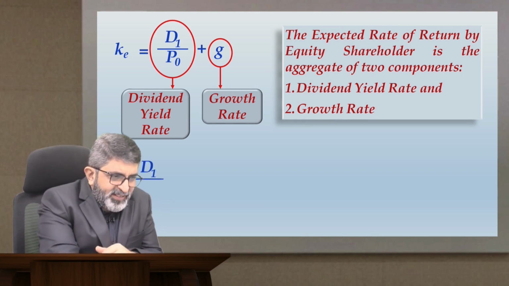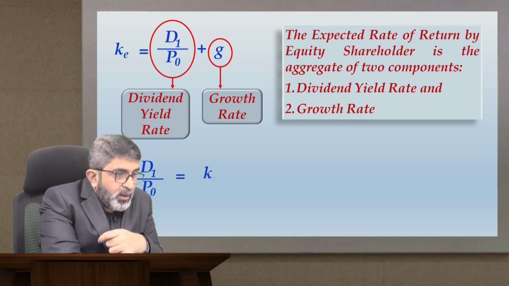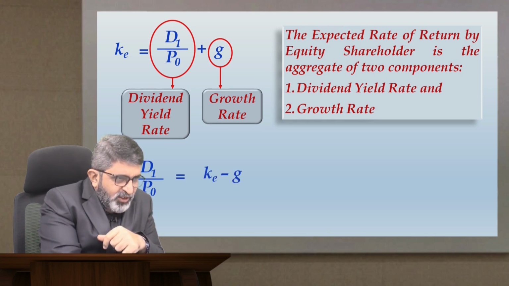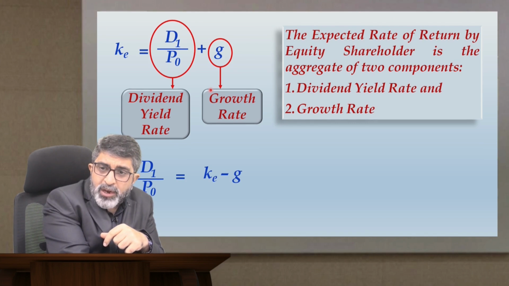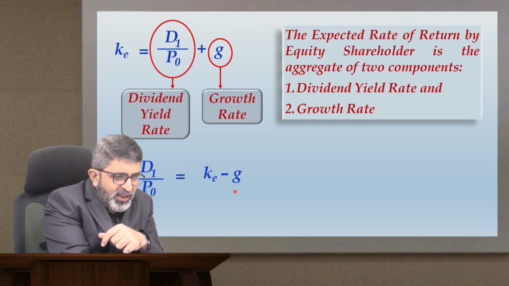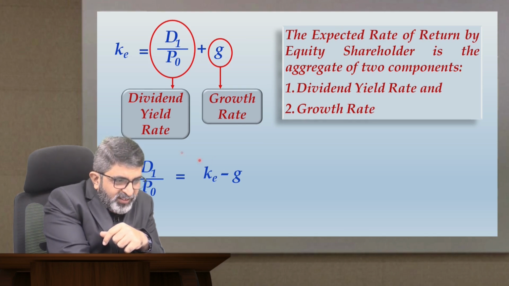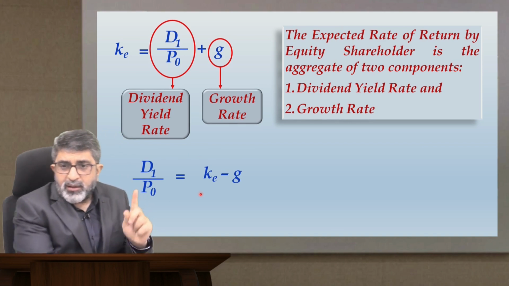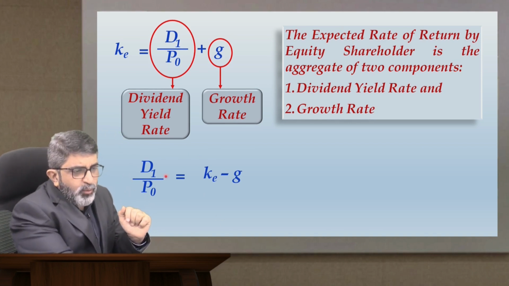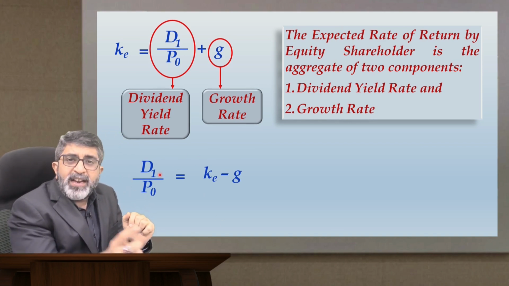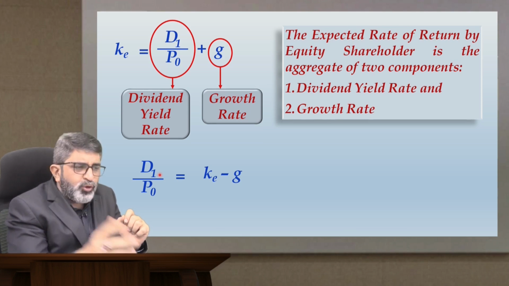So D1 by P0 equals K minus G. Look at this. In this whole equation, if I shift this G to this side, it becomes K minus G on the other side of the equation, and it is D1 by P0. Through this equation, if I want to find the value of P0, I just cross multiply.